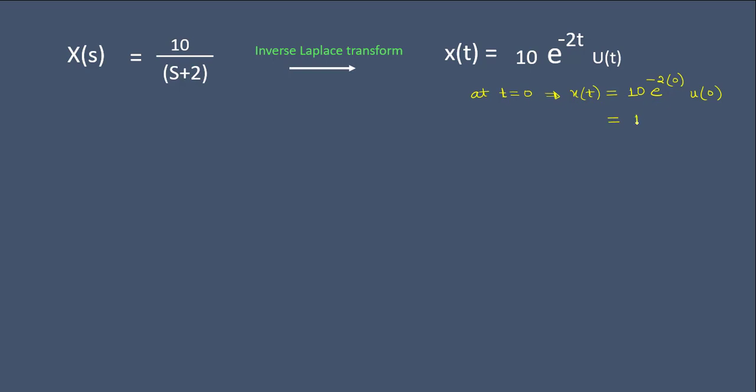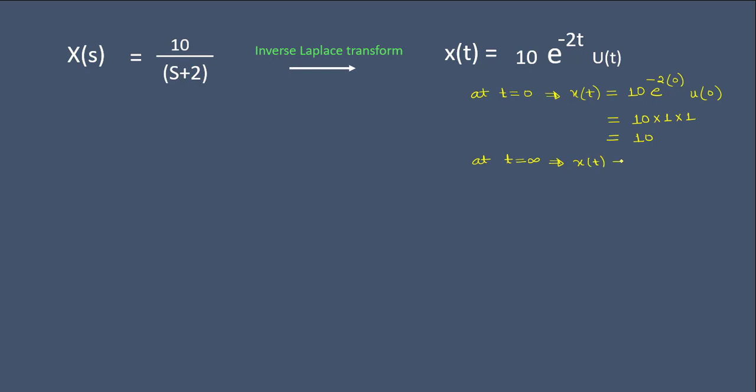So I will get 10 e raised to 0, e raised to 0 is 1, so 10 into 1 into the value of u of 0 which is 1. So the value of x of t at t is equal to 0 will be 10.